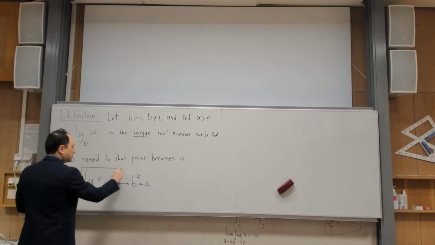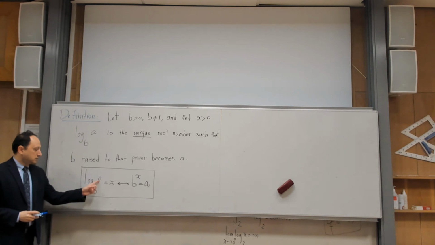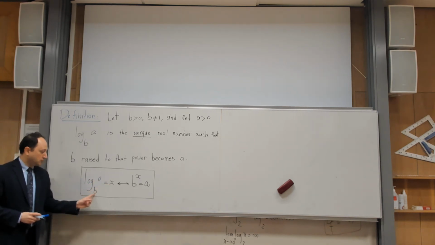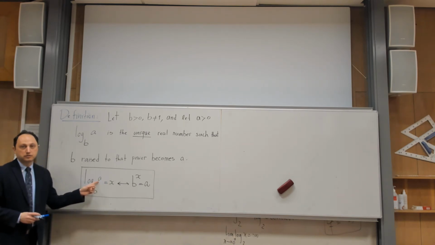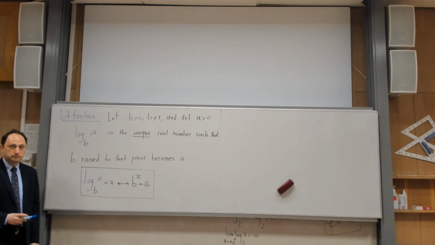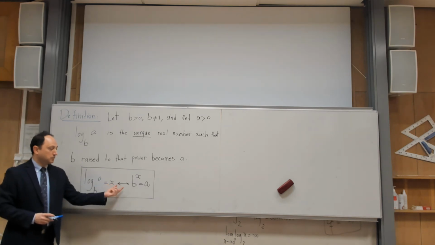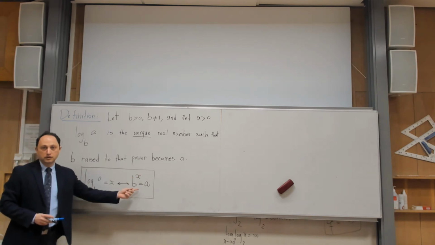This I really want you to just memorize today. It's not hard. When you say logarithm of A in base B is a number x, it means that when I raise B to this power, the answer becomes A. Is that understandable? This is very, very important, and you see the arrow is double-sided. Sometimes this is given, you need to get rid of the logarithm and write it in exponential form.